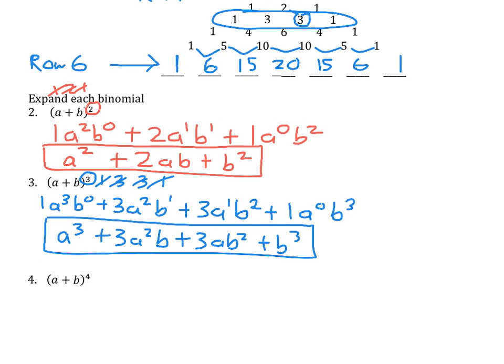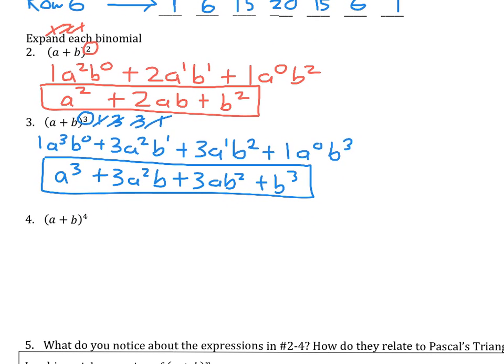Alright, so for this next one we want to use 1, 4, 6, 4, 1. So we start with 1. I'm not even going to write the 1. 1, a to the 4th, b to the 0.